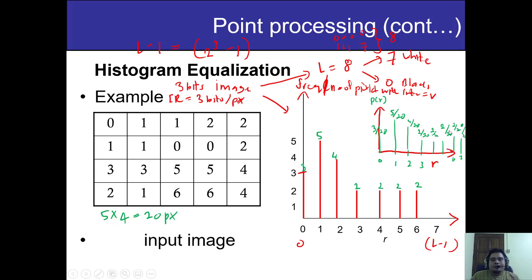Why is the histogram related to the probability distribution function? If you learned in secondary school about probabilities in your mathematics, what is the definition of probability? Probability is how many times that thing occurs in one event. So same goes here.